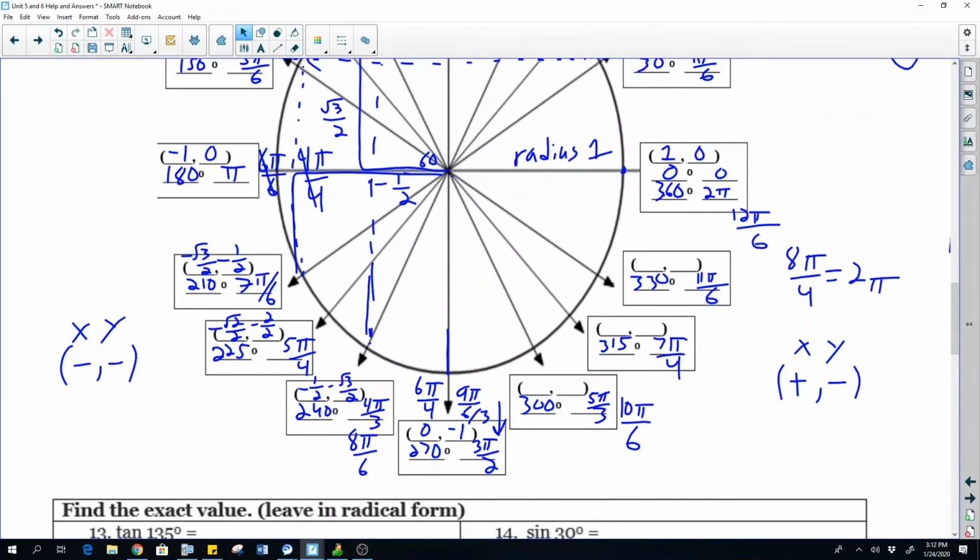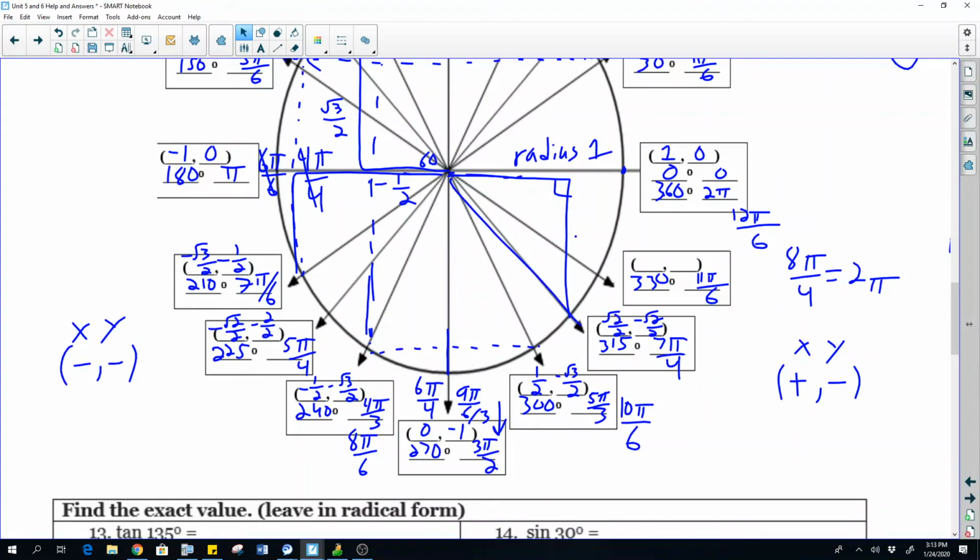There it is. And now finally our last one, go straight across. So this one will be positive a half, and then negative radical 3 over 2. This will be positive to the right, radical 2 over 2, but then down, radical 2 over 2, because you can see that the triangle it's making there is a 45-45-90.